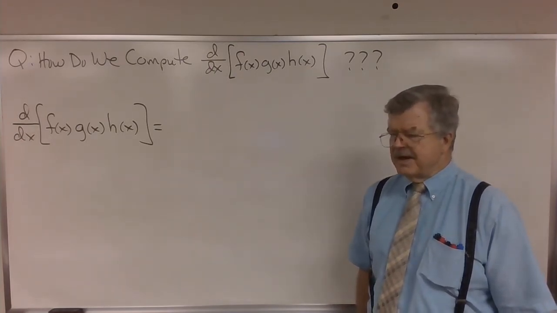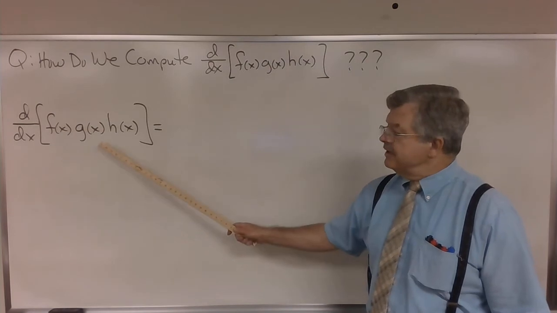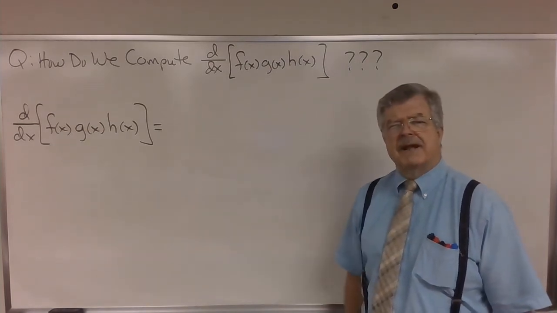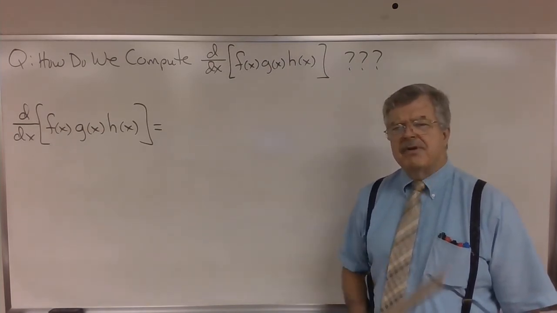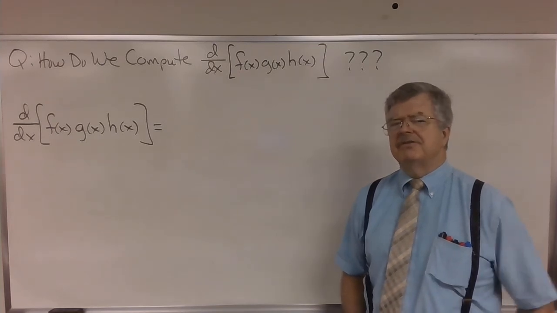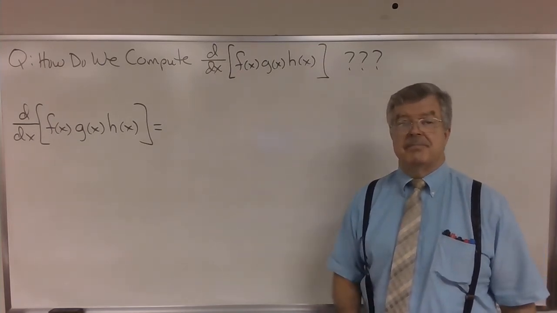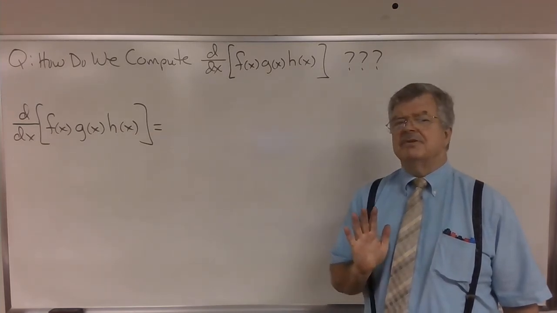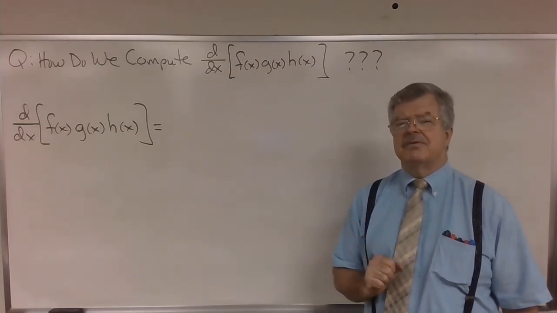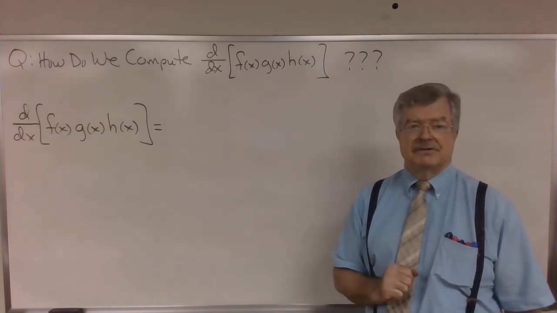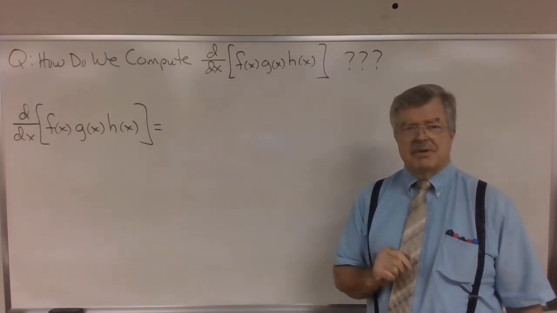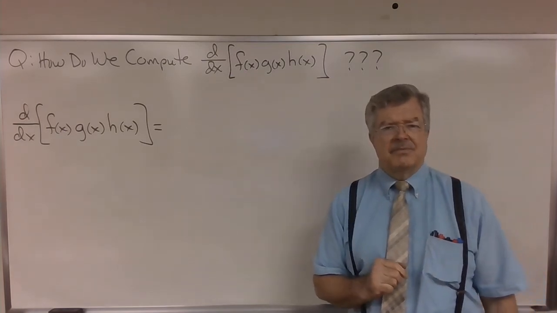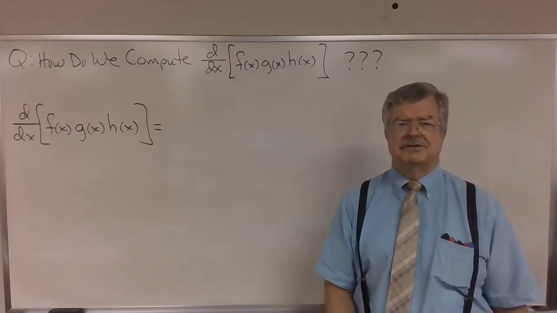The reason this is problematic is that the product rule only tells us how to compute the derivative of the product of two functions. The product rule only tells us how to compute the derivative of two functions.